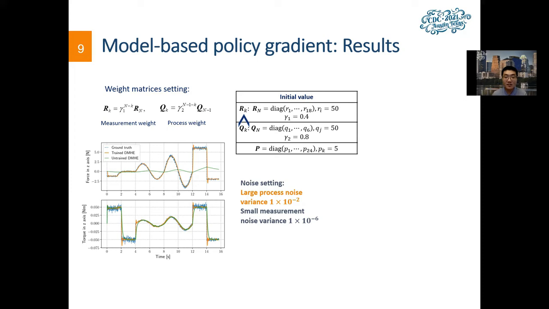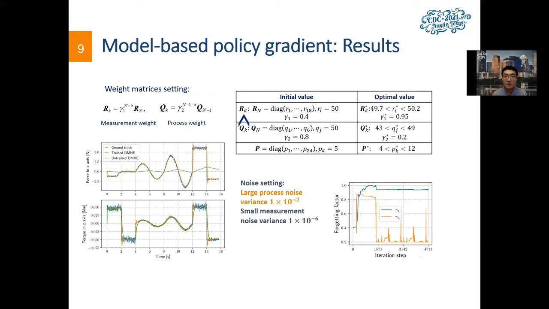To highlight the efficiency of our proposed auto-tuning algorithm, we set the forgetting factor gamma 1 much smaller than gamma 2. So without training, the performance of untrained DMHE with the initial weight matrices is very bad. After training using the proposed algorithm, the trained DMHE can respond quickly to the aggressive disturbance.